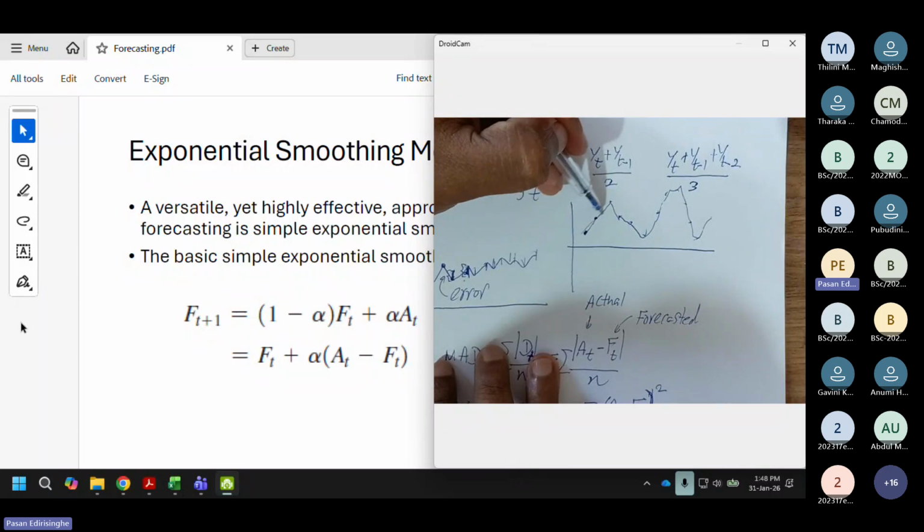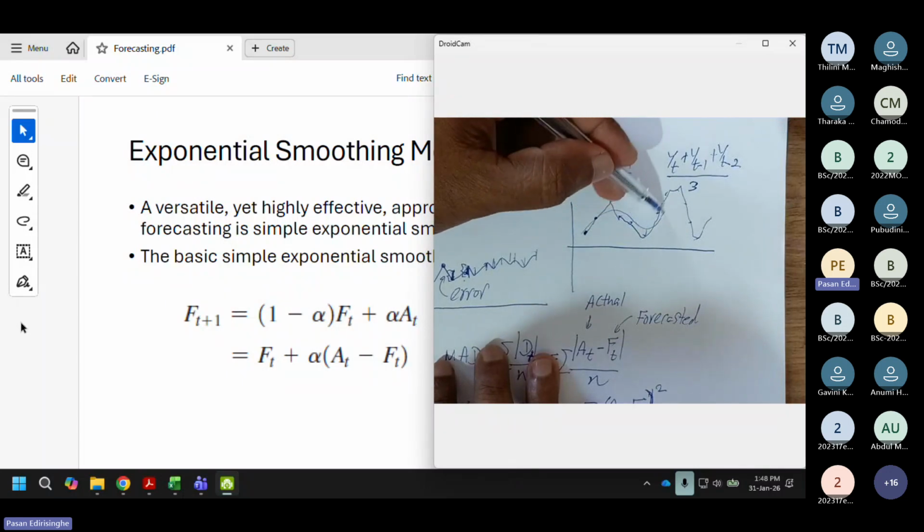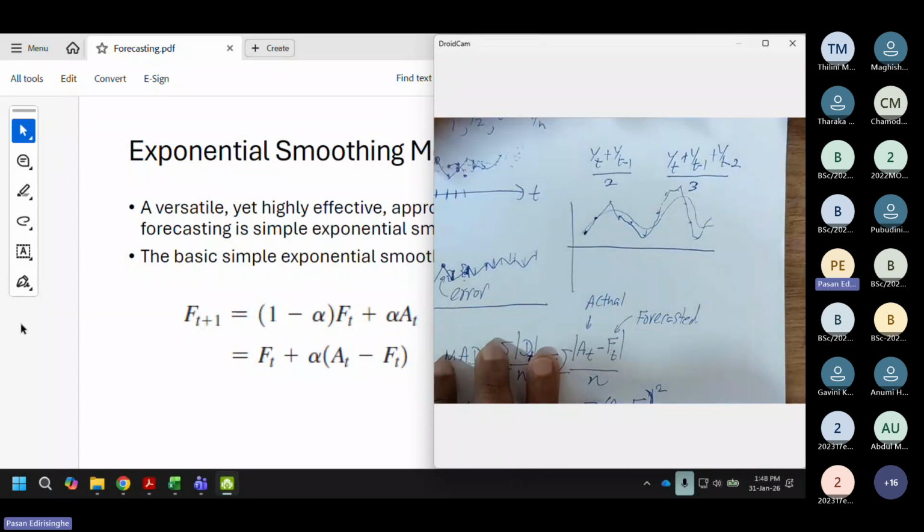The smoothing means that we are trying to find some smooth curve representing the series. That's the idea of the smoothing concept.